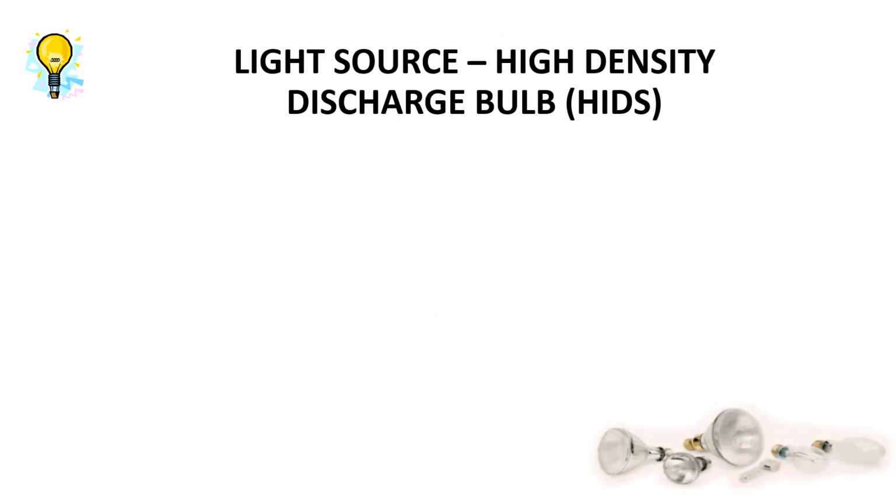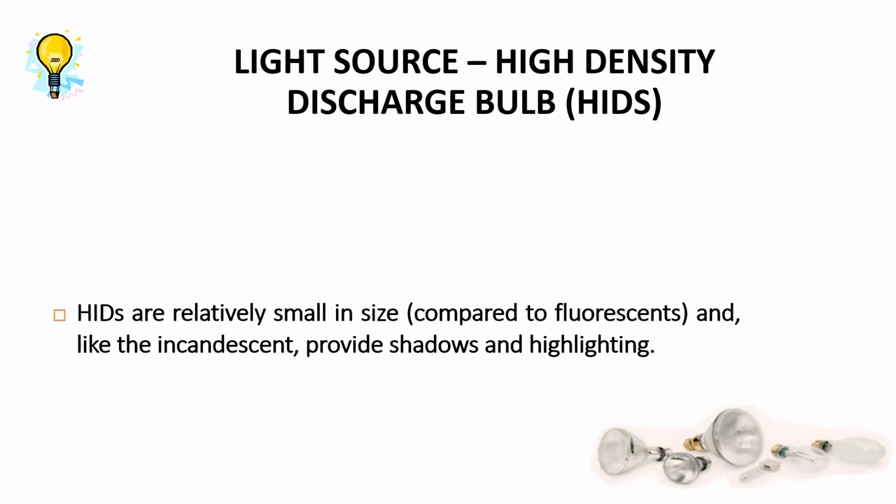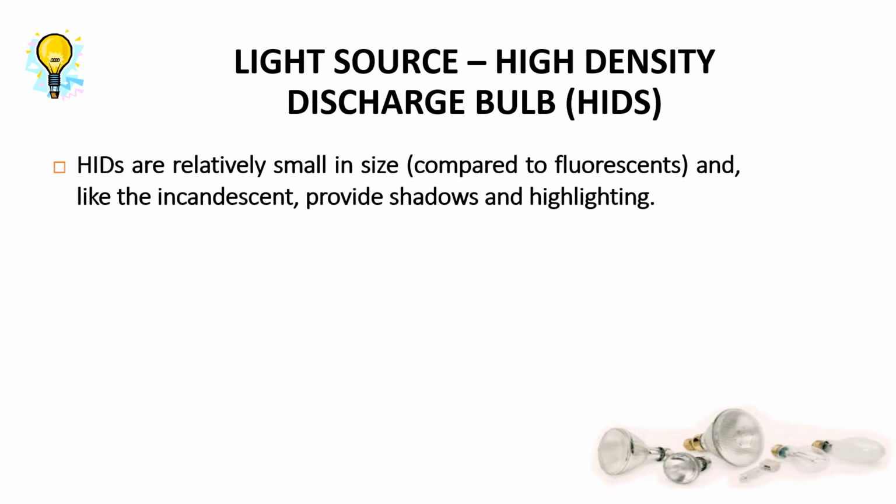The next type of light source is the high intensity discharge bulb, which is HID. HIDs are relatively small in size compared to fluorescents and, like the incandescent, provide shadows and highlighting. HID bulbs are very small and produce more light per watt than either the incandescents or fluorescents, and are energy savers.